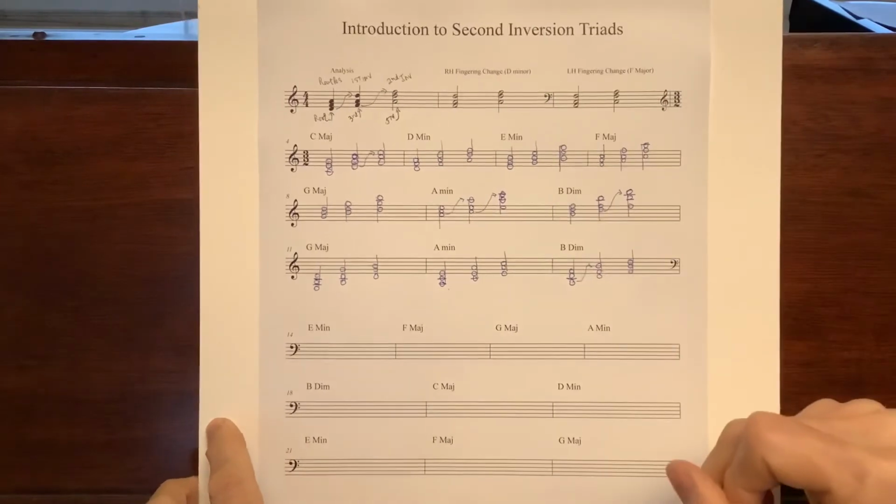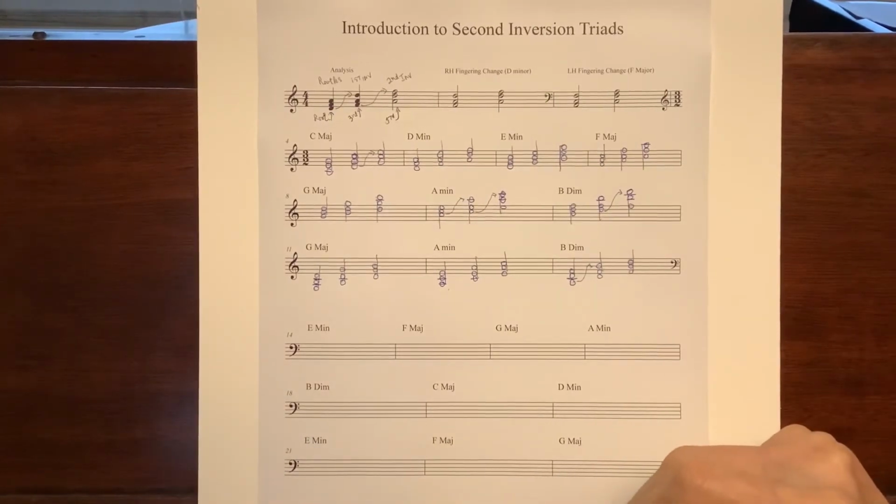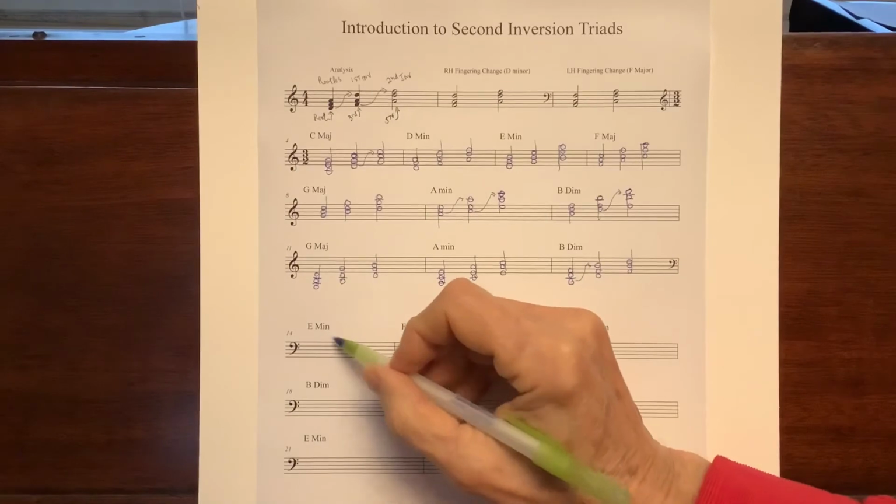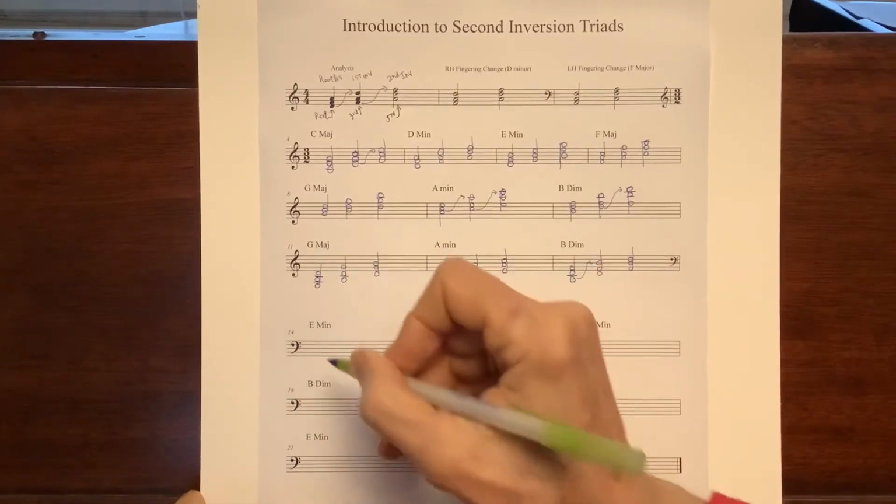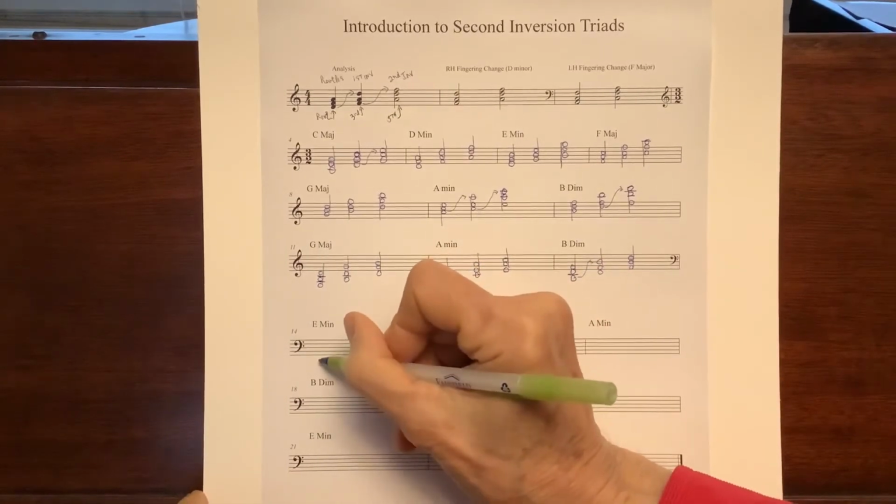There we go. All right, let's look at bass clef now. We want E minor, and we're going to start on the ledger line below the staff.